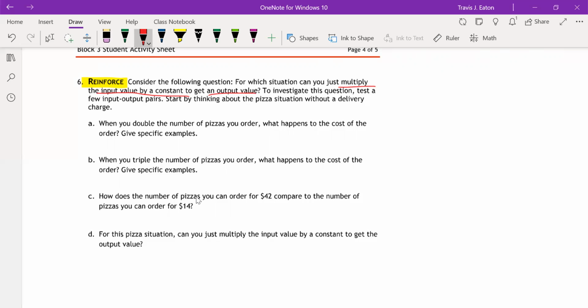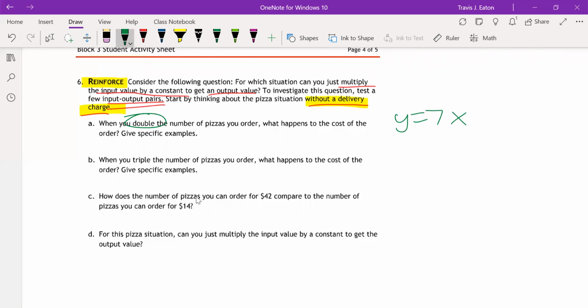To investigate this question, we're going to test a few input-output pairs. Start by thinking about the pizza situation without the delivery charge. We're looking for the situation that has no delivery charge. In that situation, remember, that was y equals 7x.